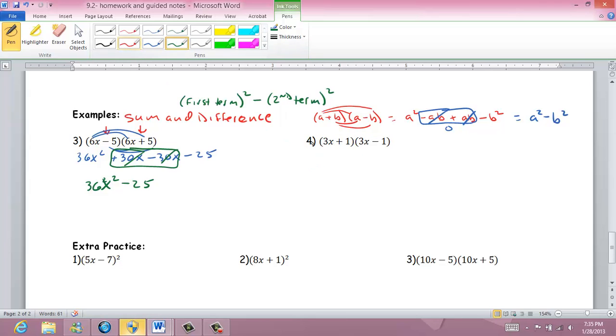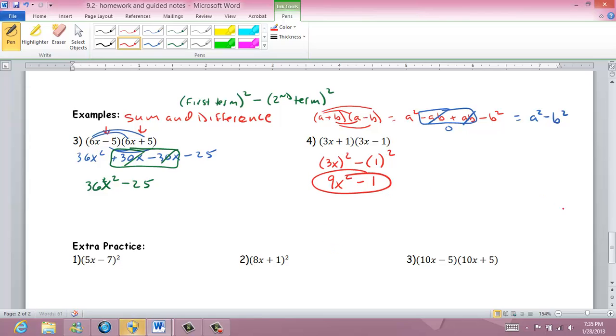So, if we look at the next example here, 3x plus 1, 3x minus 1. This is a sum and difference problem. All I have to do here is take the first term, square it, subtract the second term, and square it. And what would I get here? Well, 3 to the second is 9, x squared, 1 to the second is 1, minus 1.